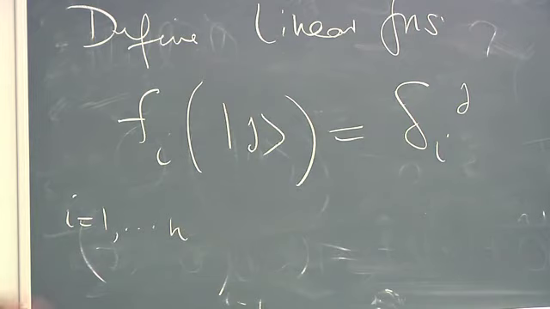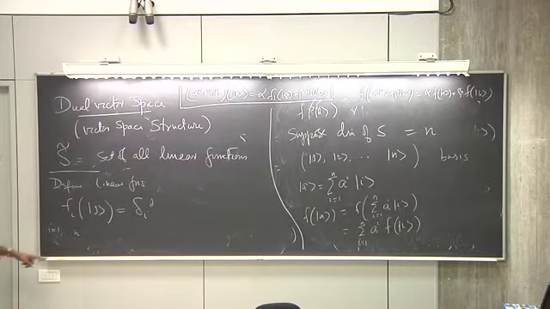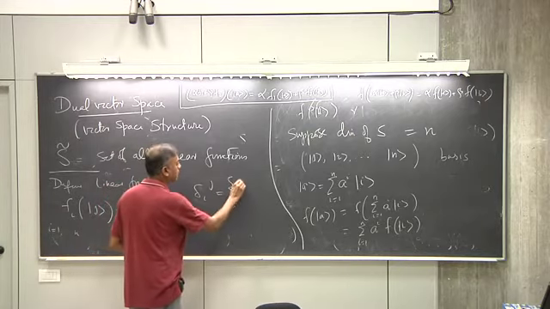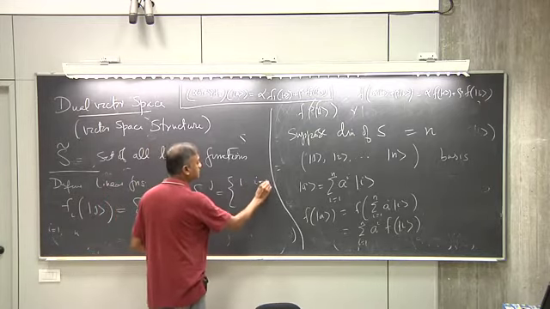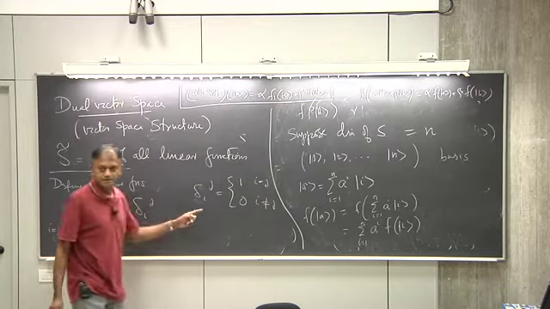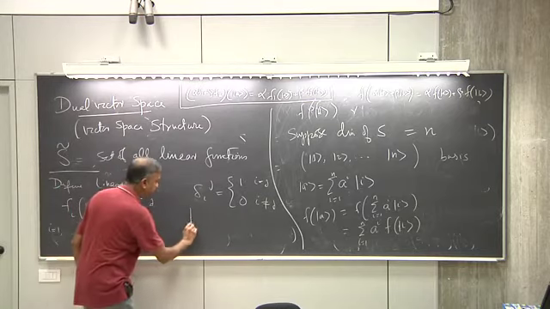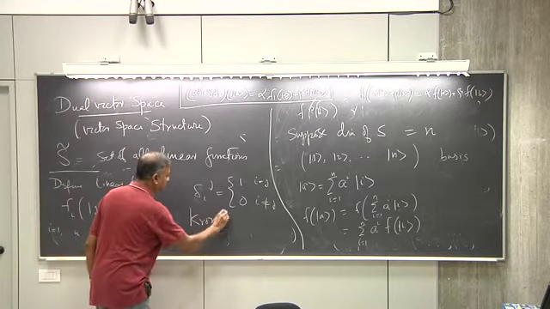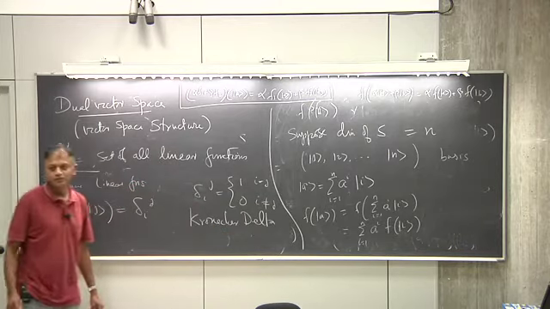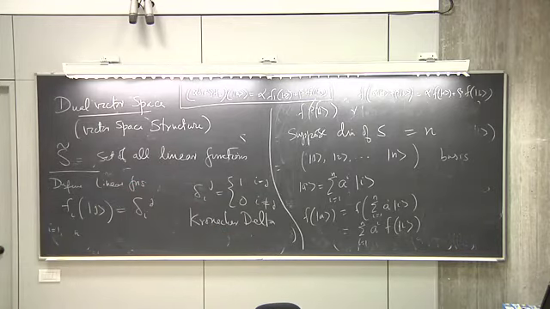You are familiar with this symbol? This delta ij is equal to 1 when i is equal to j, and equal to 0 when i is not equal to j. This is called the Kronecker delta. This is a very useful symbol. It will appear all the time.